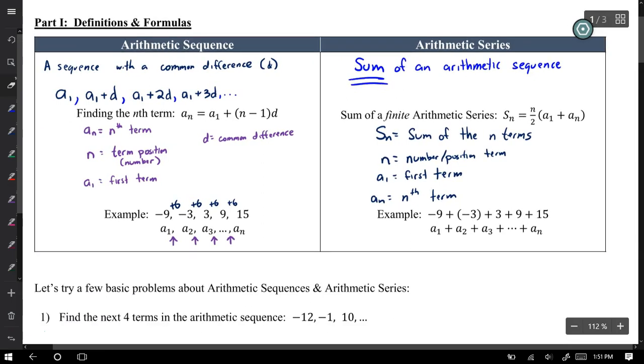Now, if you want to make a note, kind of like a little warning: if you are missing information in an arithmetic series, you want to go to the formula for a sequence. So if I'm trying to find the sum for the arithmetic series and I'm missing a value, I'm going to want to go to the arithmetic sequence formula to find that.